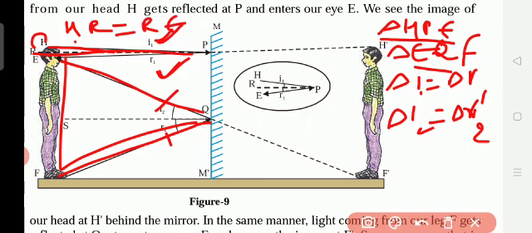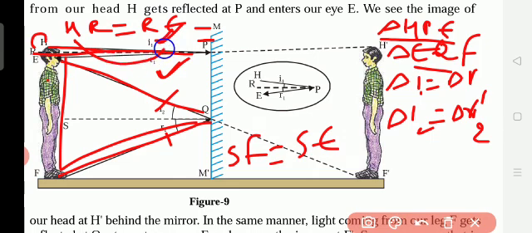And like that in the second one also, EQF, SF is equal to SE. So HR is equal to RE is equal to HE by 2. These two are the same, so what is common we will take, HE by 2.